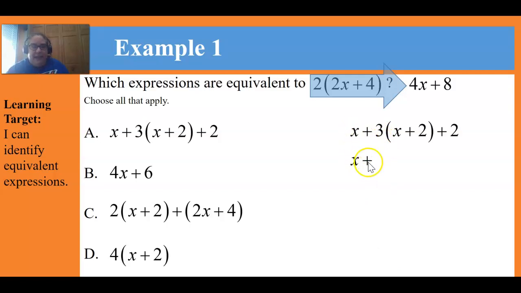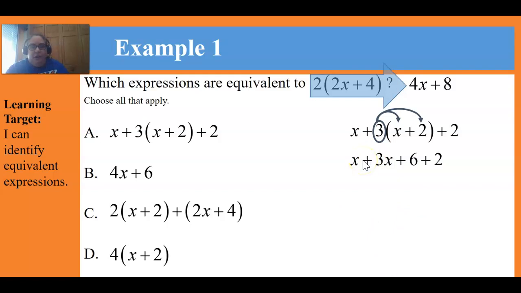So I'll bring down the x plus. I'm going to distribute that 3 to the x, and I'll do that in my head. That would be 3x. Bring down the plus sign. We'll distribute the 3 to the 2, and that would be 6. And then don't forget about the plus 2. So just make sure that you're writing a complete sentence underneath each time. That is how we show appropriate mathematics.